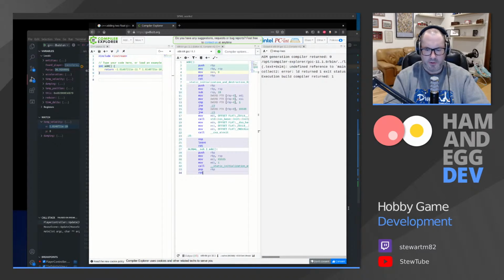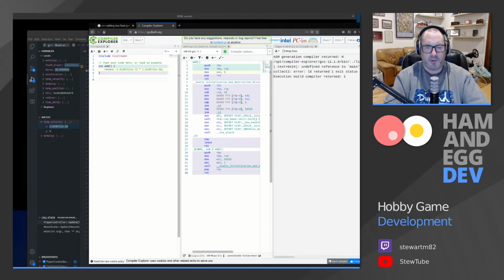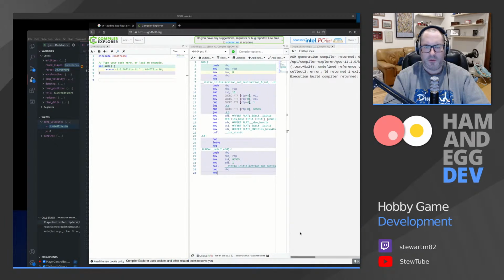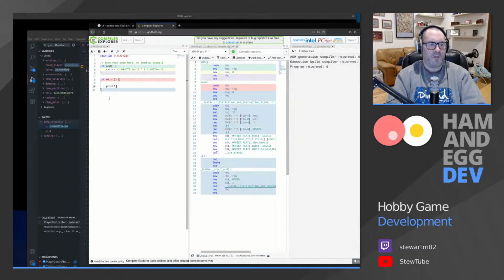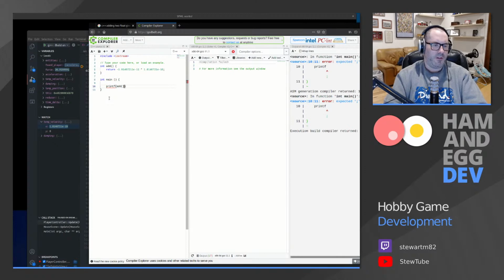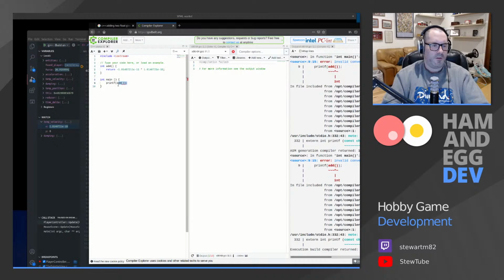Oh, here we go. Okay, so this is the output. Okay, so it's complaining that main isn't there. Okay, so printf. Can I just do add like that? I don't know how to use std cout. Add.